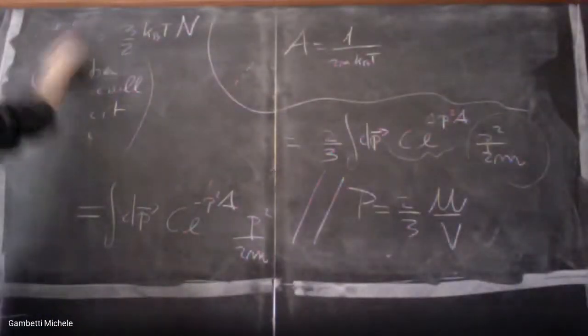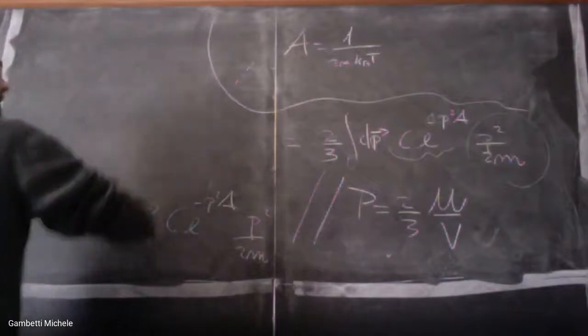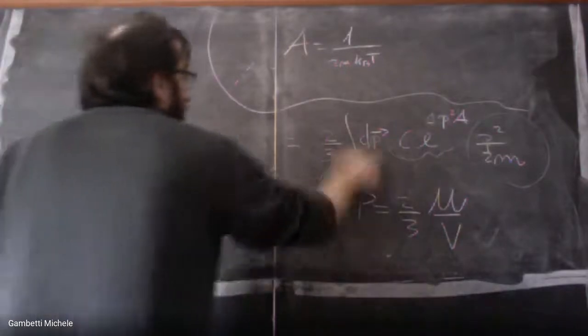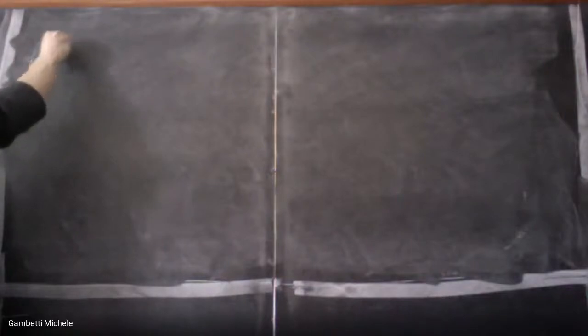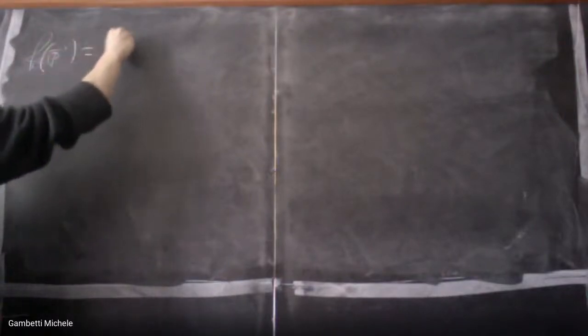So once we have this A, we can write the full expression for my F0. And one way to write F0 is the following. F0 of P is proportional to the density. Then I have the normalization, which contains A, which we have now derived.